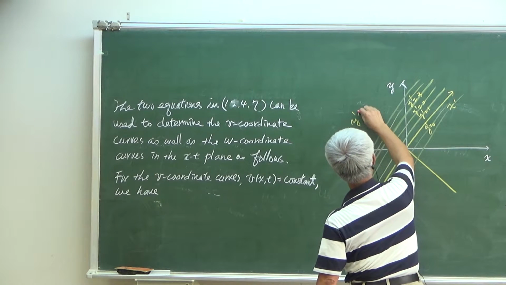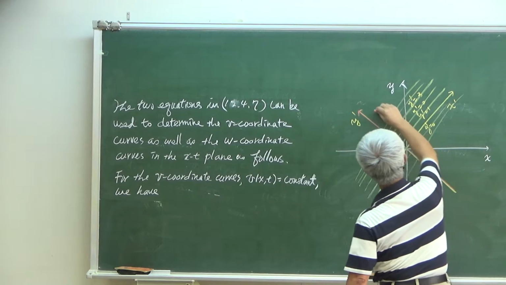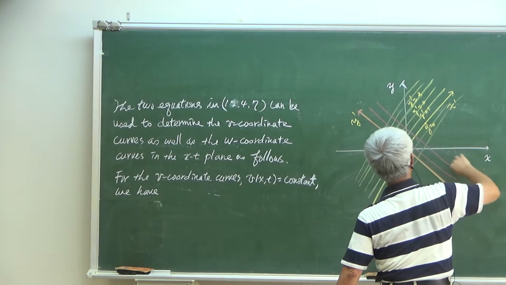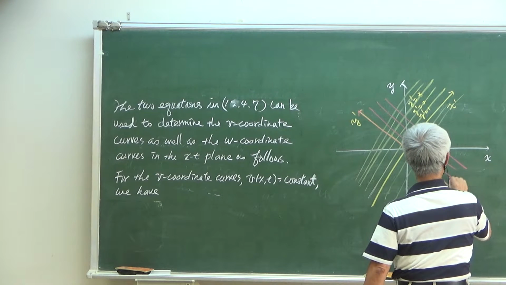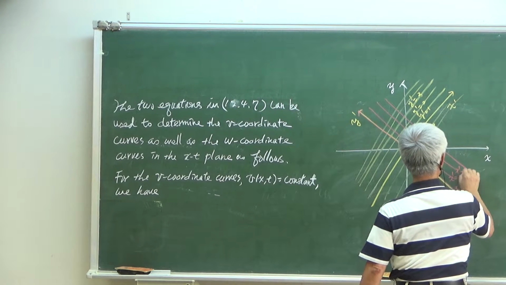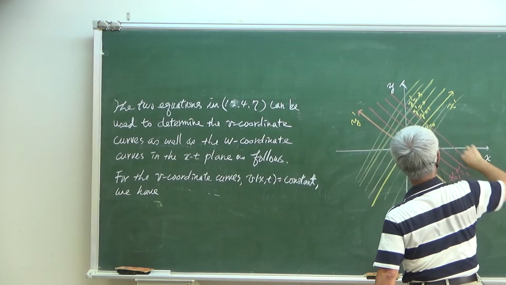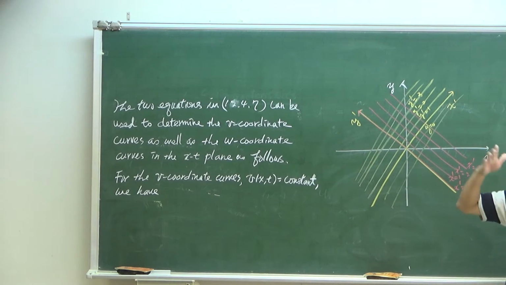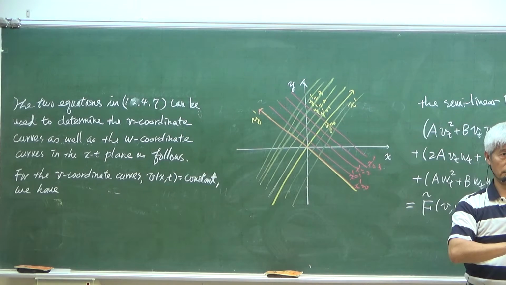So this is x prime equal to 0, x prime equal to 1, x prime equal to 2, x prime equal to 3, etc. So this is the new coordinate system, with new coordinate lines. Any questions?